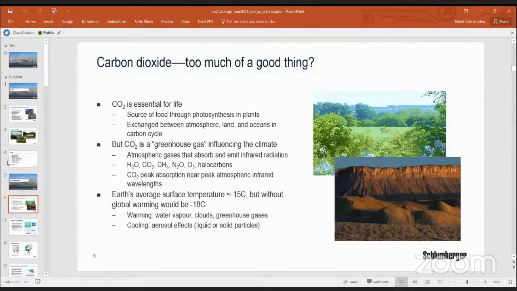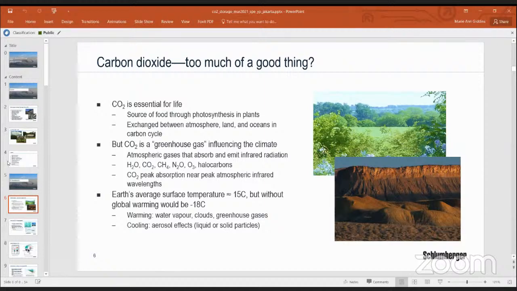CO2 may have the most significant effect because its peak absorption is very close to the peak atmospheric infrared wavelengths. So it's quite possible that CO2 working with the atmospheric wavelengths has the most significant influence on the climate.